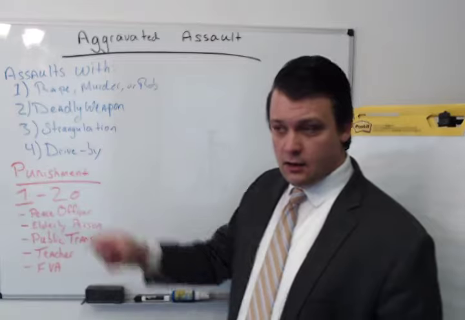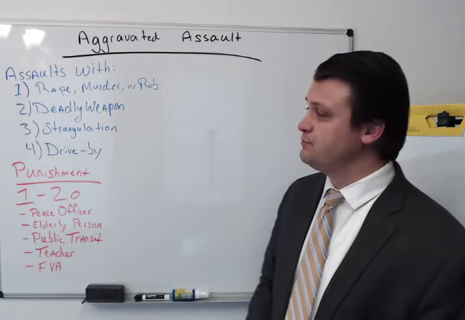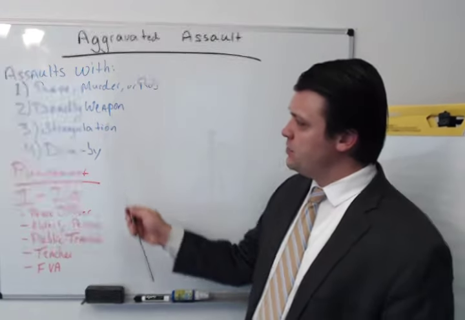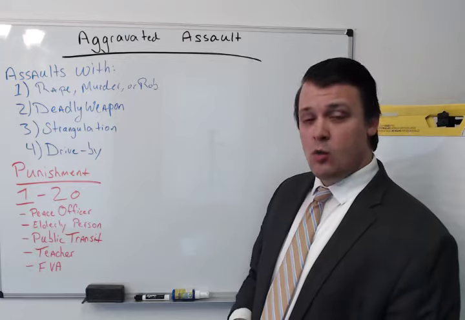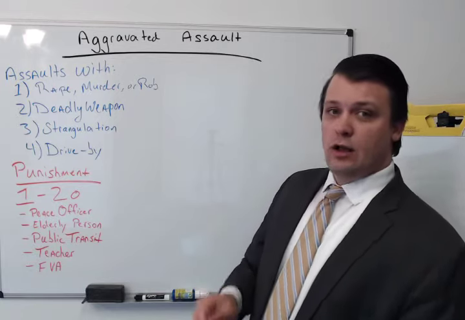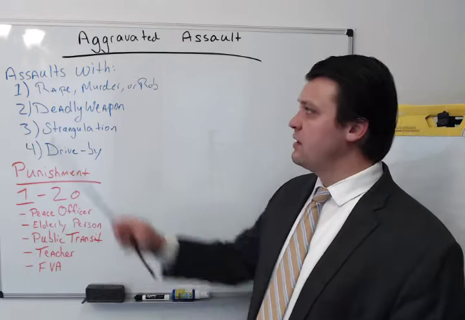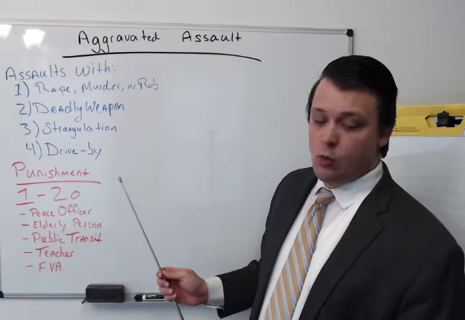It's a felony. It is something very serious that can result in decades in prison. There are 4 general ways that the law provides that the prosecutors can charge someone with aggravated assault. But like we said, all aggravated assaults must start with an assault. So let's go through these 4 one by one.